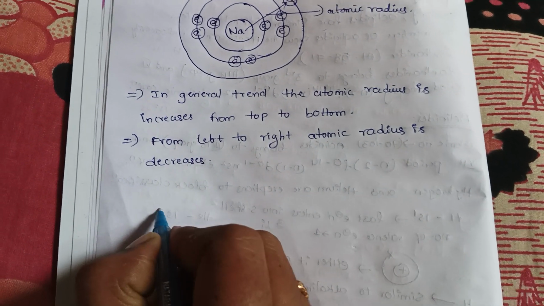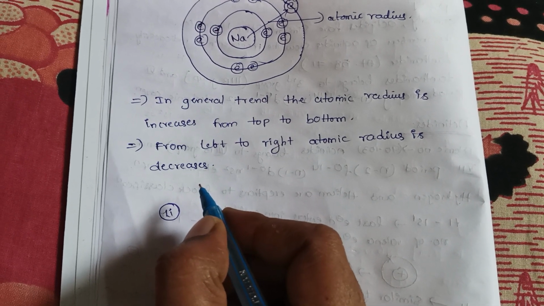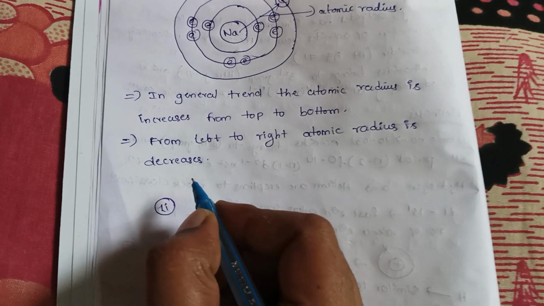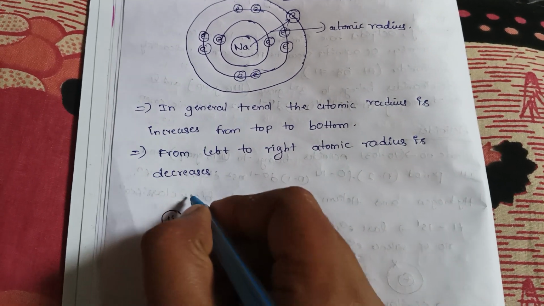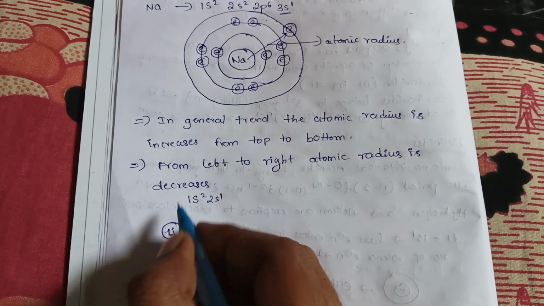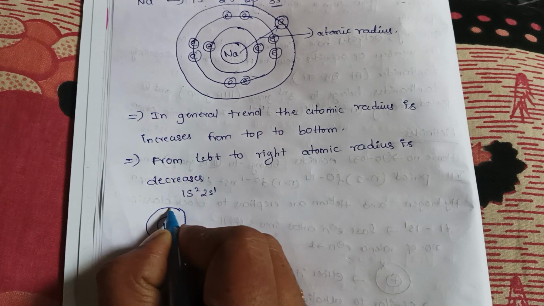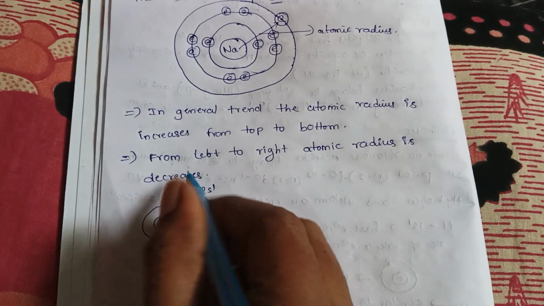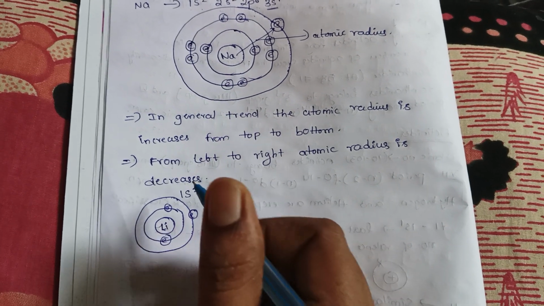Take lithium. The atomic number is 3. The configuration is 1s2, 2s1. The first shell has 2 electrons. The valence shell has 1 electron, right?